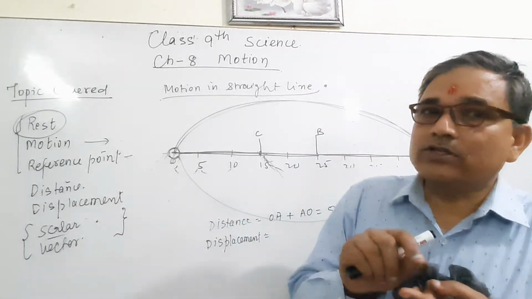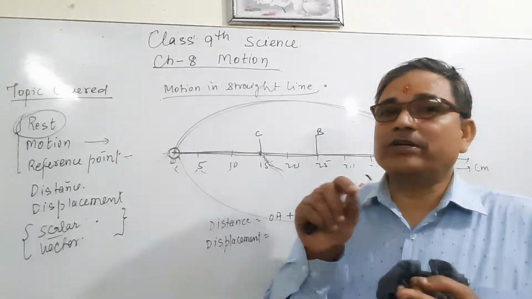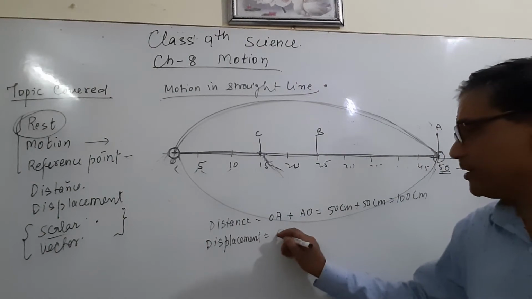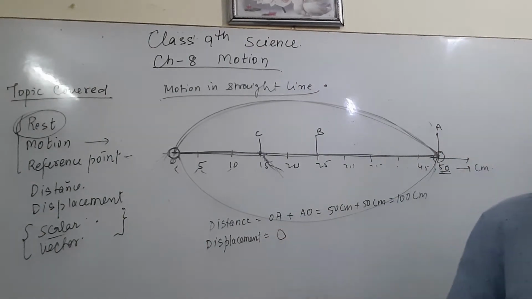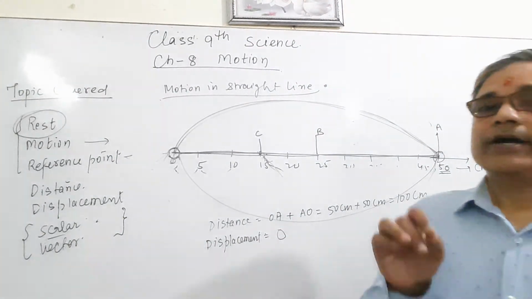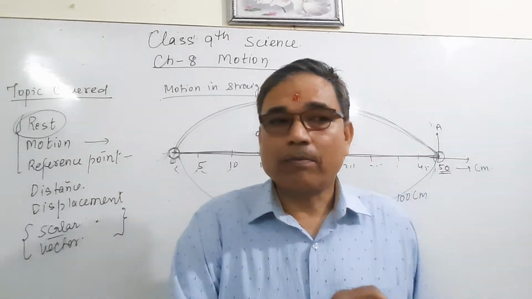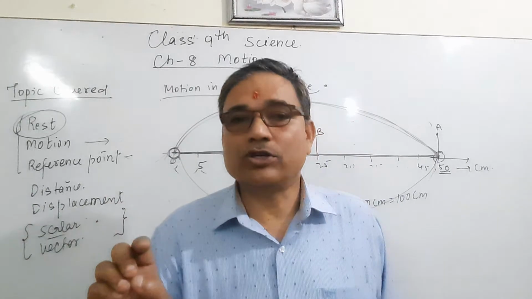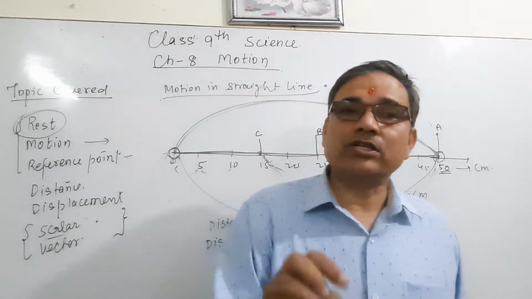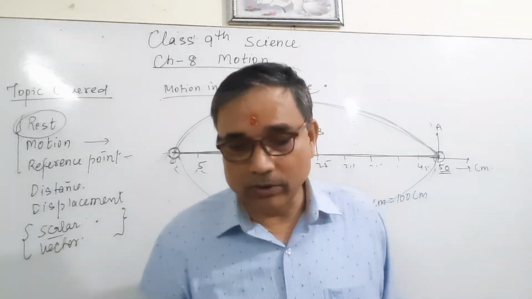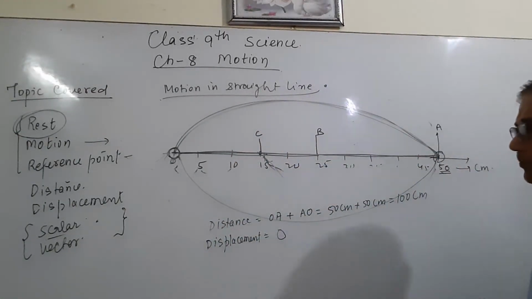This O coincides for the initial and final point. That means the displacement is 0. We can say displacement can be 0, but distance cannot be 0, and the distance is always either greater than or equal to the displacement.